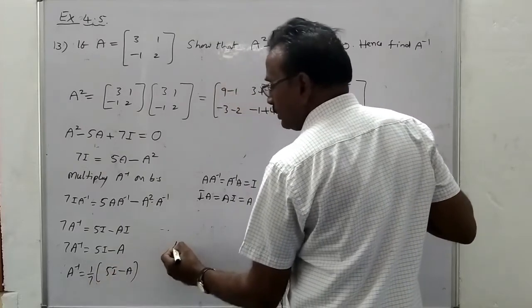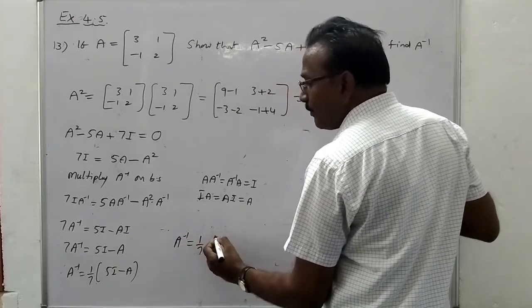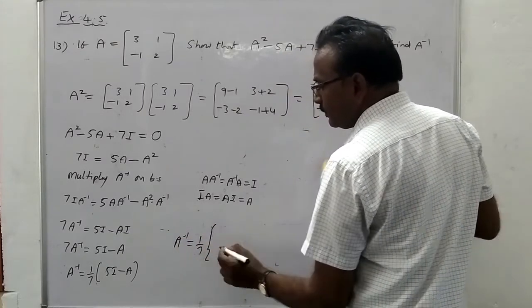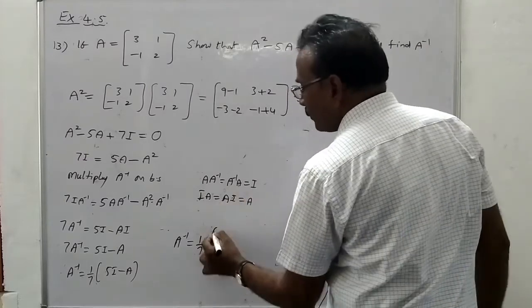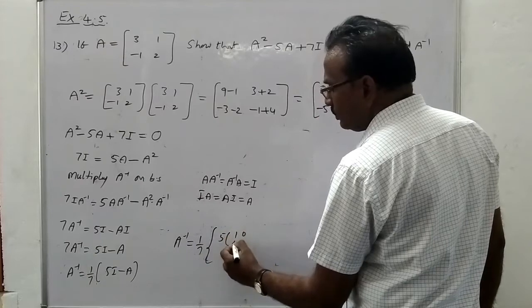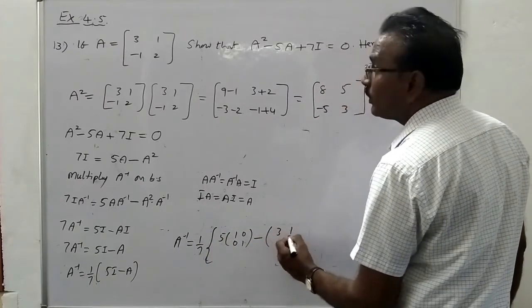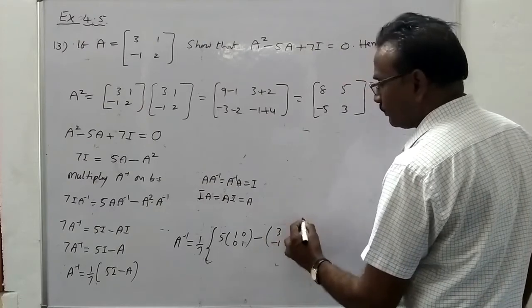So A inverse is equal to 1 by 7 into, what is matrix 5 into identity matrix? That is 5 into [1 0; 0 1] minus matrix A, which is [3 1; minus 1 2].